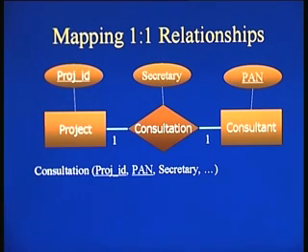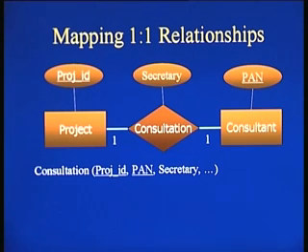Consider the example shown in the slide here. What happens if in a 1:1 relationship both entity types participating in this 1:1 binary relationship are involved in a total participation? Take a look at the slide here.